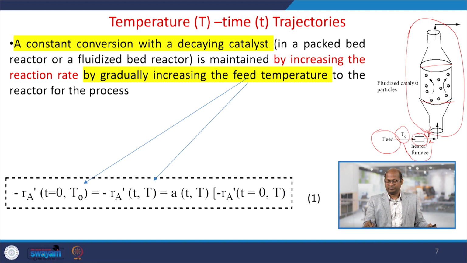This is a fluidized bed reactor. Reactants plus catalyst both enter, reactions take place here, and the product stream leaves from here. The feed temperature we can fix, or we can gradually increase it.